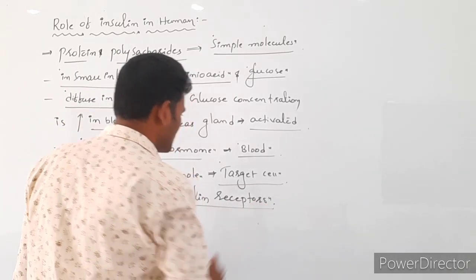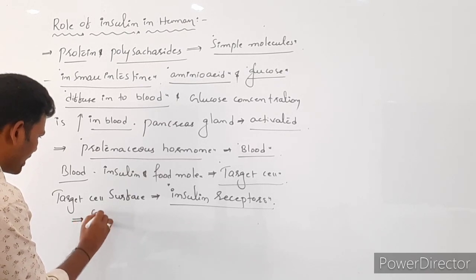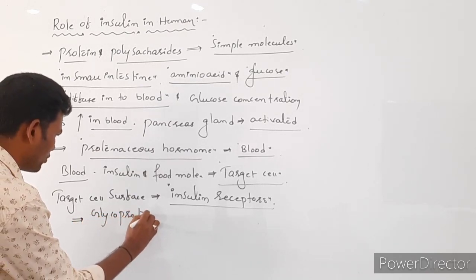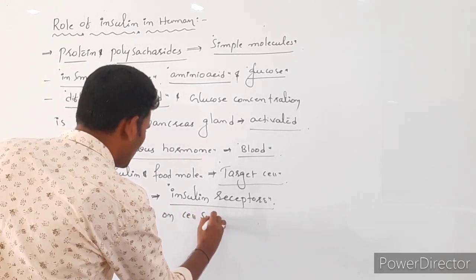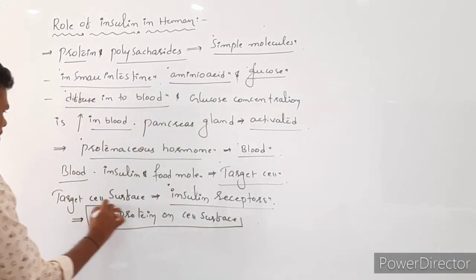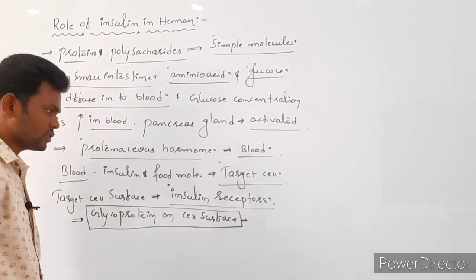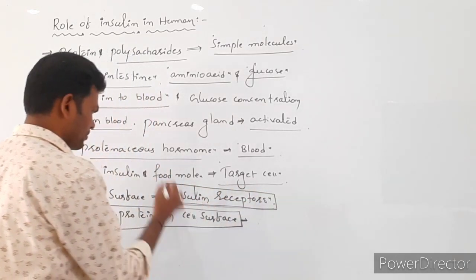These insulin receptors, what are they called? Glycoproteins. The cell surface contains glycoproteins which act as receptors, especially insulin receptors.